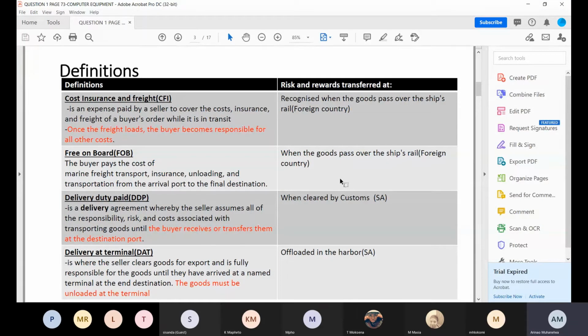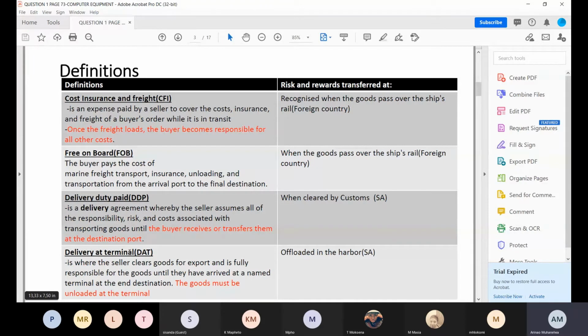So from time to time, you will see words like cost, insurance, and freight, CIF, free on board, delivery duty paid, delivery at terminal. All these words are very important because they determine the transaction date, and the transaction date differs. For example, the transaction date for cost, insurance, and freight is not the same as delivery duty paid.